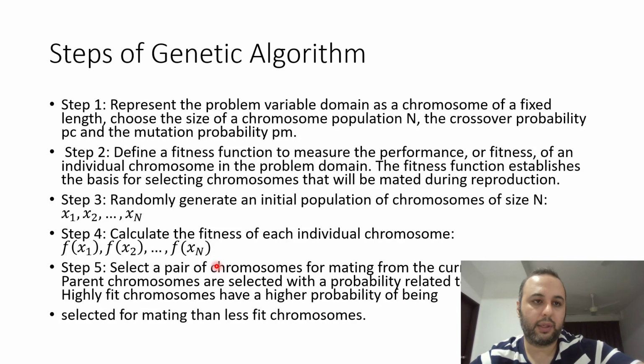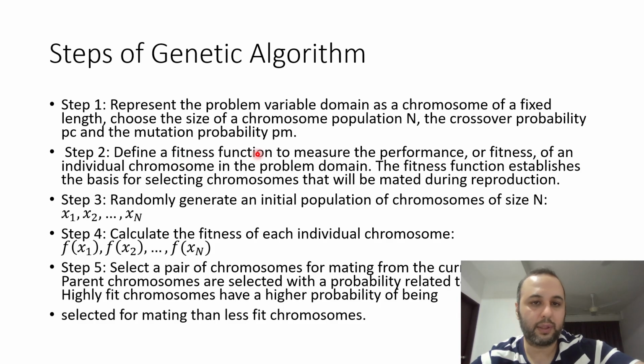Okay, steps of genetic algorithms. The first step is to represent the problem variables, domains, and chromosome. We have to set up our algorithm: how many iterations, how many in the population, the size of the chromosome population, and the probability for mutation and crossover.